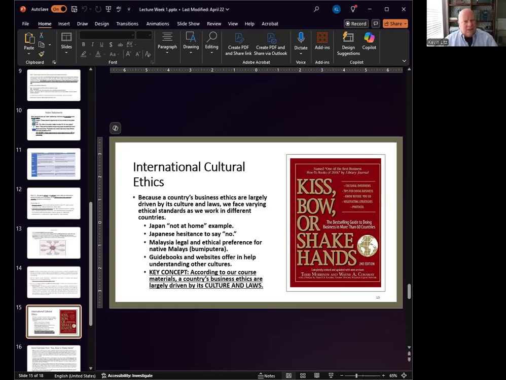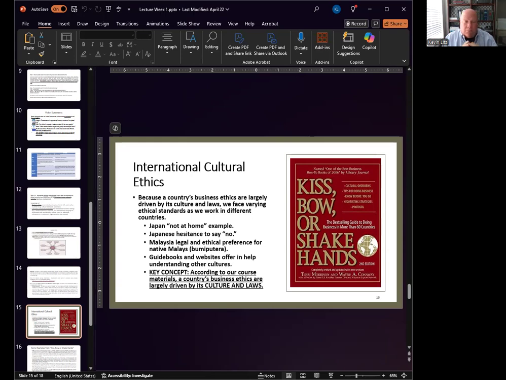Well, this is acceptable because it's a bad time and you're saving face. In Japan, there's a hesitance to say no. So when someone breathes in through the teeth or says that's difficult, that is a very strong no.